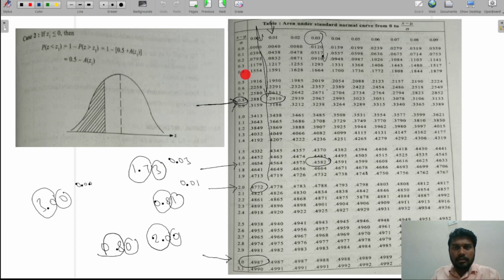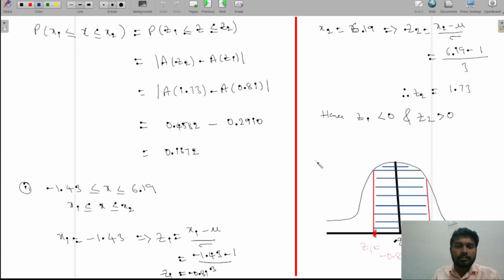Last digit 3 means 0.03 we will see in the column. So what is the intersection of these two? 0.4582. Let's see whether I wrote the same thing or not. See, 0.4582. I wrote the same answer. Yes.